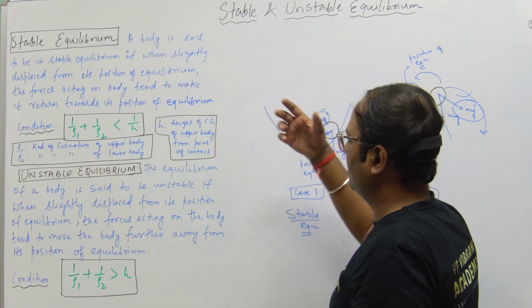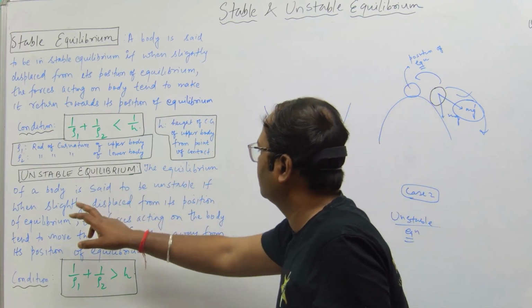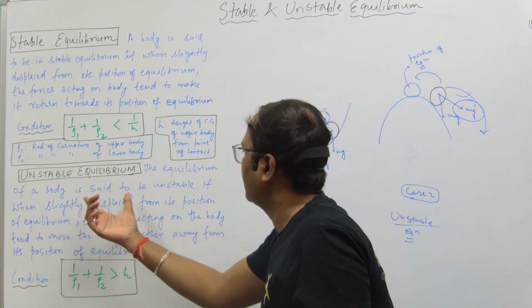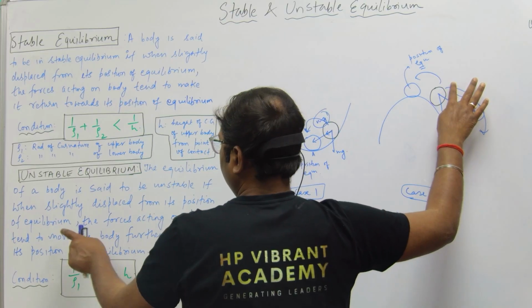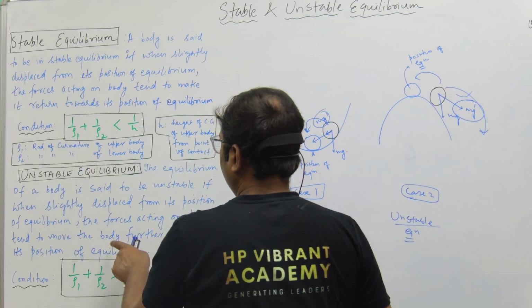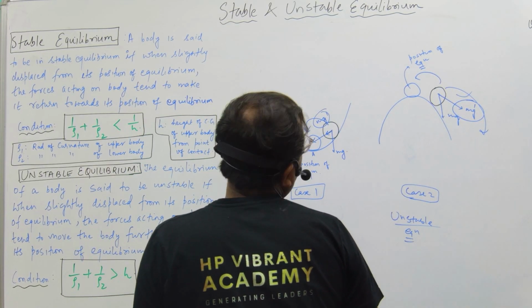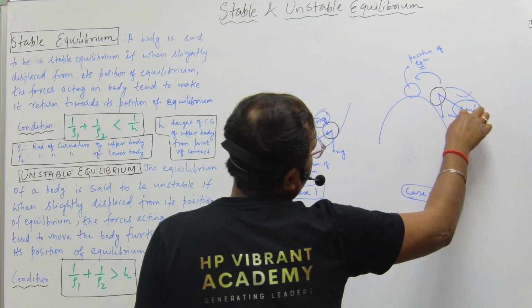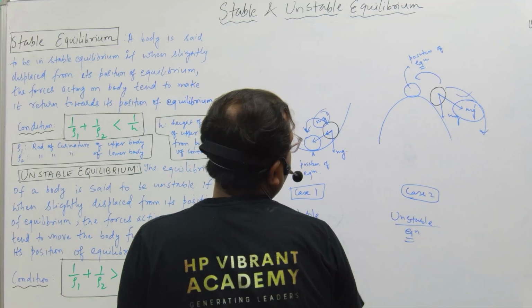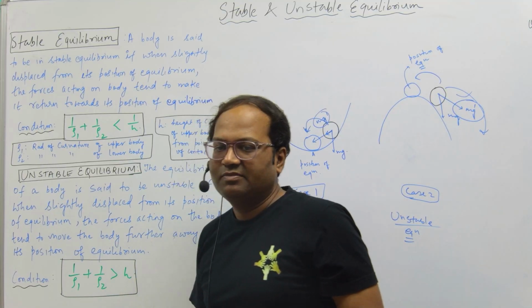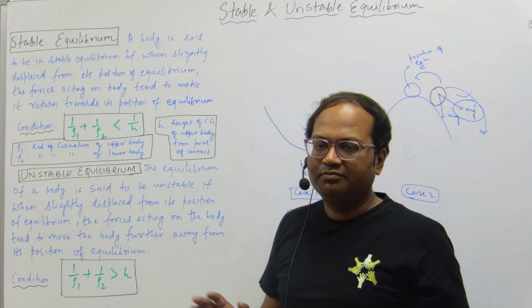And the other way around, the equilibrium of a body is said to be unstable if, when slightly displaced from its position, the forces acting on the body tend to move the body further away from the position of equilibrium. So this is all about stable and unstable equilibrium.